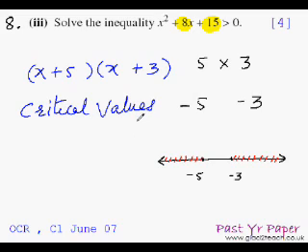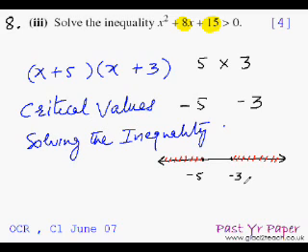Critical values are nothing but the points from where the mustaches are going to start growing, either outwards or inwards. And then finally you can put solving the inequality. We get that either x is greater than minus 3 or it is less than minus 5. That's it. Whatever you are seeing here, just put it in a more mathematical way: x is less than minus 5 or x is greater than minus 3.